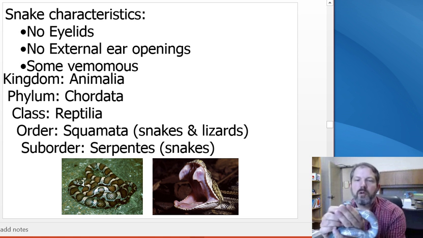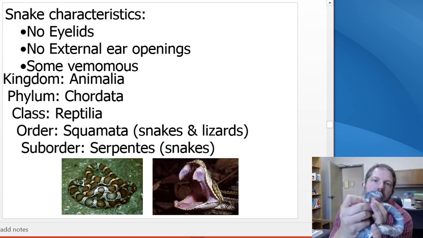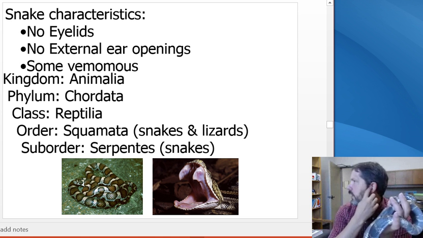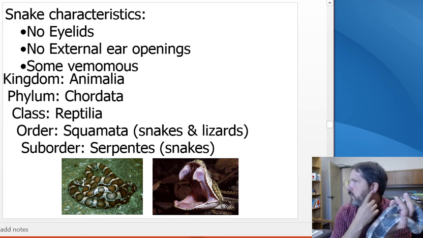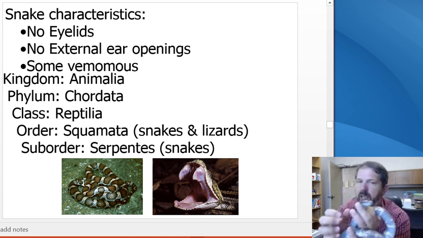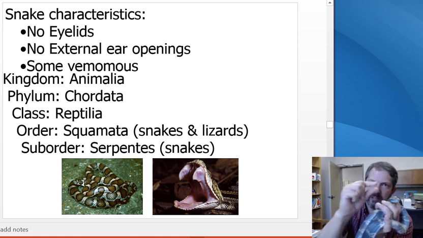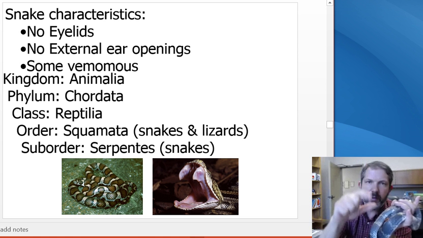But no external ear openings. It does have some hearing, but the bones that are associated with hearing, your middle ear bones, your malleus, incus, and stapes, are in the jaw in the snake, and those bones allow the snake to really open its mouth.